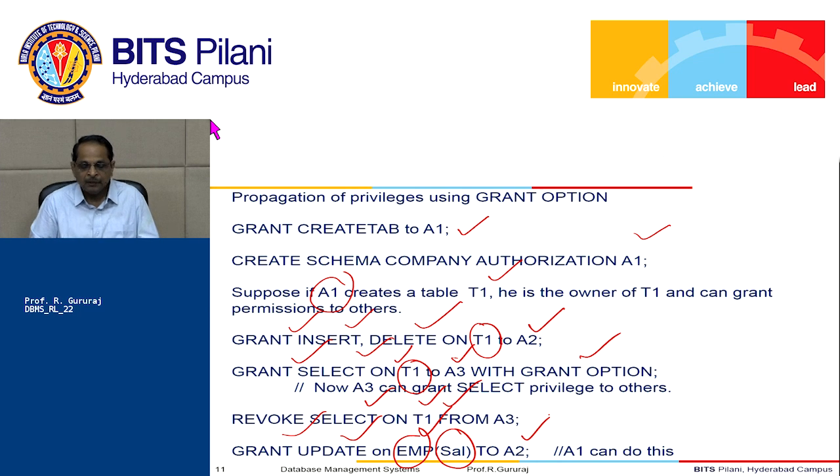From now onwards, A2 can perform update operations on the employee table on the specified attribute, that is SAL. He cannot update any other attribute values. He can only perform update on the salary attribute of the employee table. And as and when required, A1 can revoke the grant update permission given to A2.